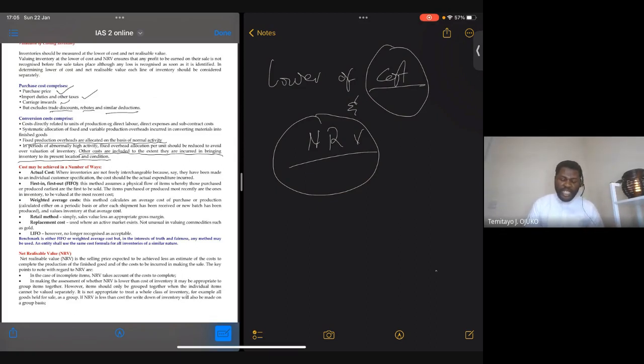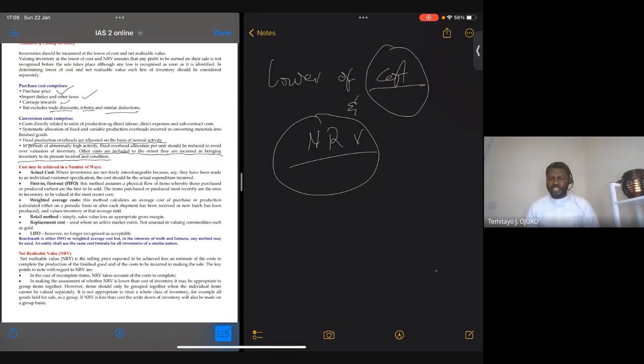This method calculates an average cost of purchase or production calculated either on a periodic basis or after each shipment has been received or new batch has been produced, and valued eventually at the average cost. So what we're saying here is, let's assume that you have 100 units of inventory valued at 100 naira.